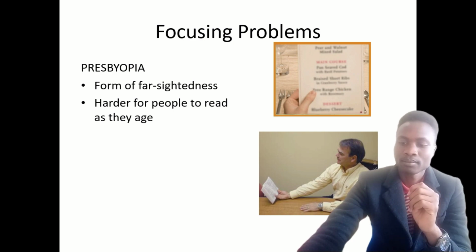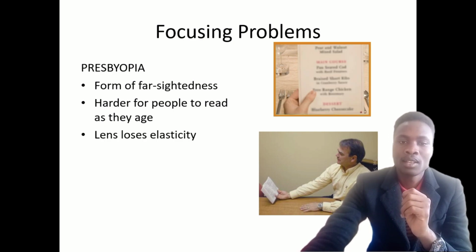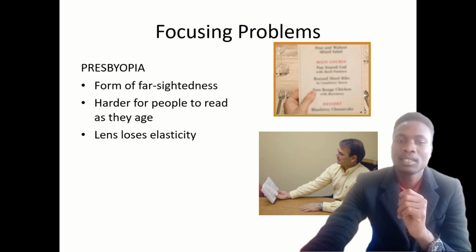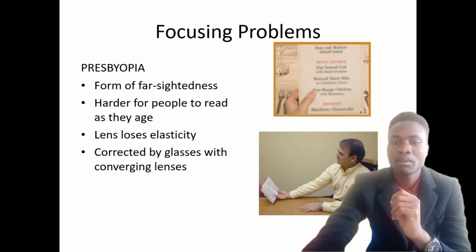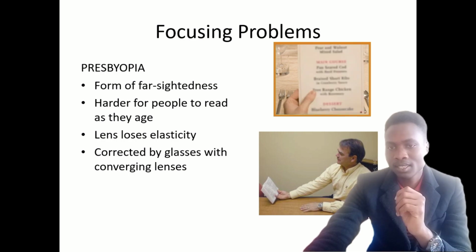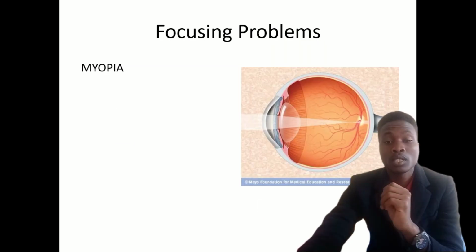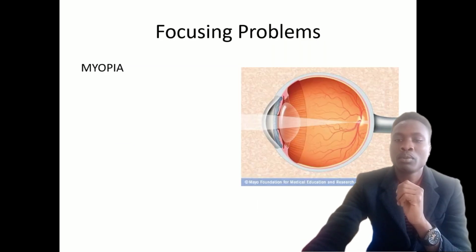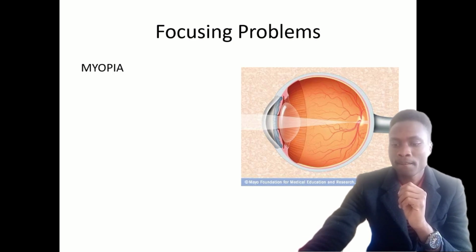The lens loses elasticity, and that causes presbyopia. It can be corrected by glasses with a converging lens, to allow the image to form where it should, as we saw in the figure above.